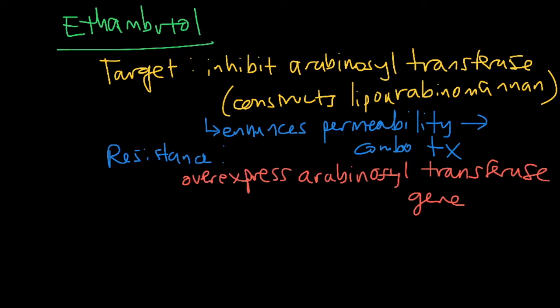So you overproduce lipoarabinomannan at a rate higher than ethambutol can inhibit arabinosyl transferase. So the result is a net production of lipoarabinomannan, since ethambutol can't react fast enough to compete with this overexpression of the gene.